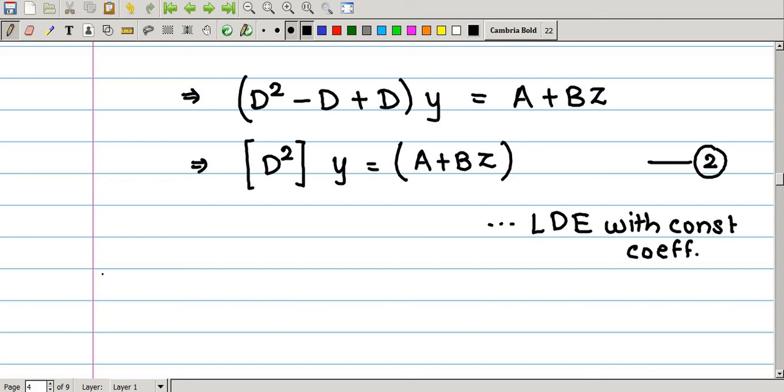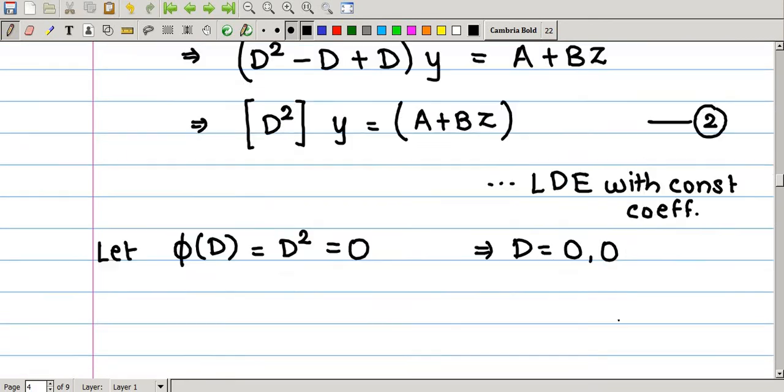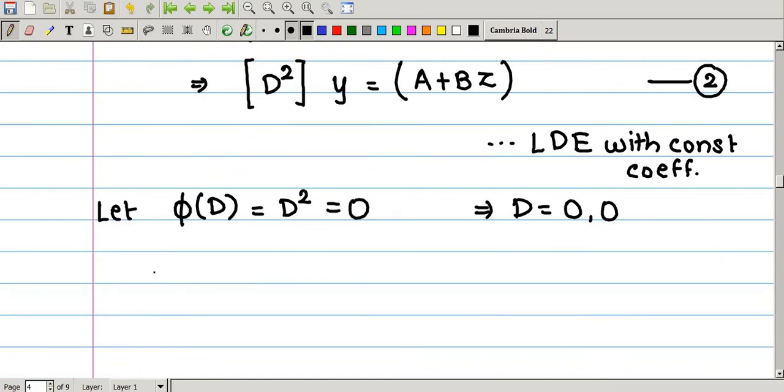Now, we find the complementary function and particular integral. So we consider the auxiliary equation, that is D squared is equal to 0. So we have two real repeated roots: D is equal to 0 repeated 2 times.